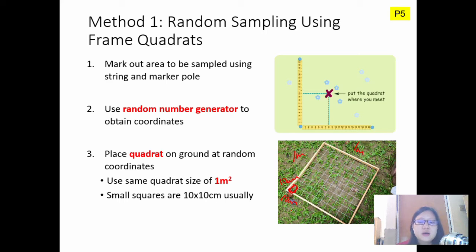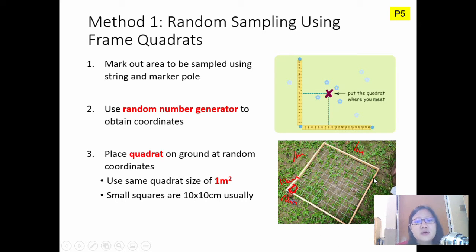Each square is around this measurement, but this could differ. This is the standard one, but it could differ based on the question, so make sure you read the question properly. If not, you can tell them that you are using this quadrat size. This is the standard one.